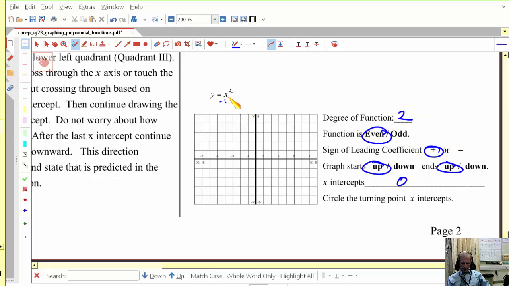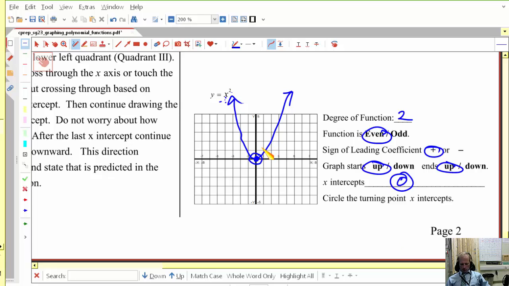Let's see, does that come from a factor with an even exponent? Yes, 2 is an even exponent. So I'm going to graph my x-intercept, draw a circle around it, and now I start up. I come down from the left, oh, I turn around because it's circled, and I go back up. And that is it.